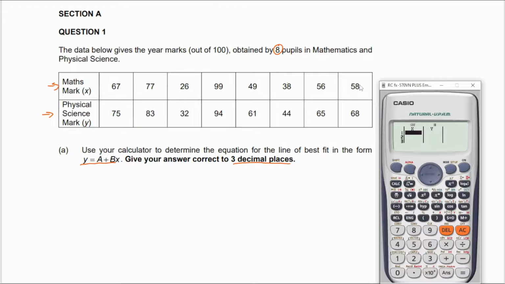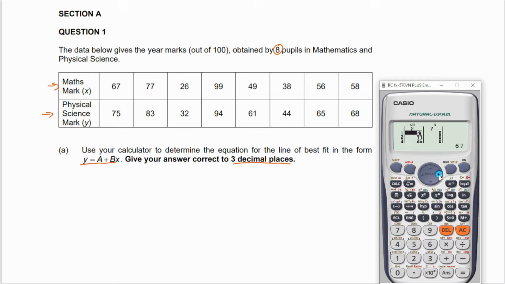These are our X's, so they need to go in here: 67, 77, 26, 99, 49, 38, 56, and 58. Make sure there are 8 pupils, so we need to be finishing on 8.